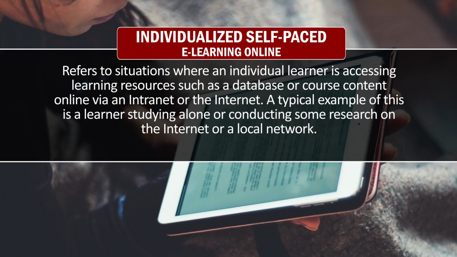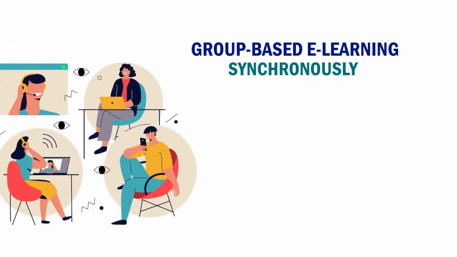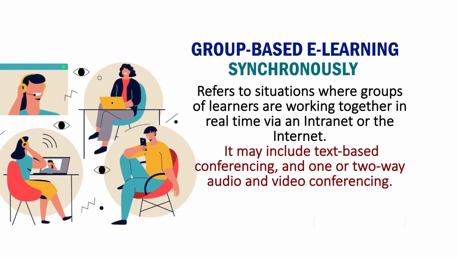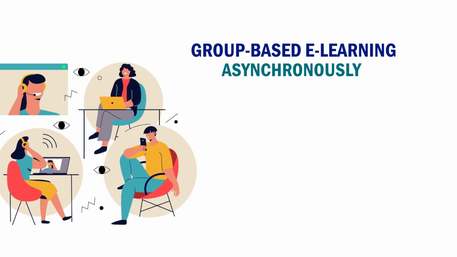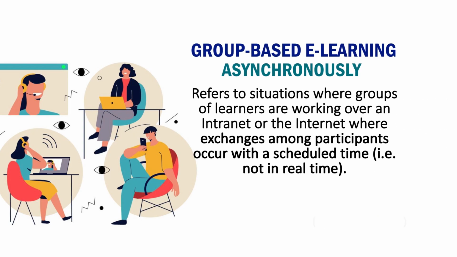This individualized self-paced e-learning online is applicable. And offline, you know about this also. Then just to go through the other types, group-based e-learning may include text-based conferencing and one- or two-way audio and video conferencing, and the last one is group-based e-learning asynchronously. Then this is about the types.